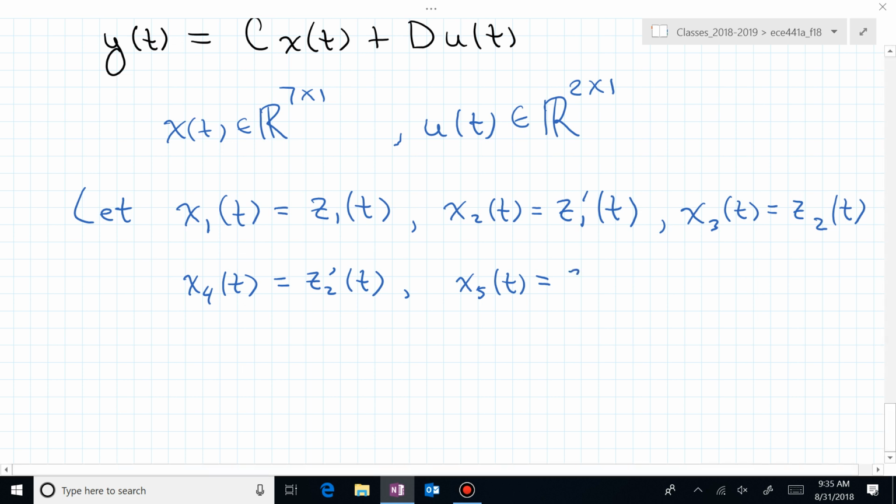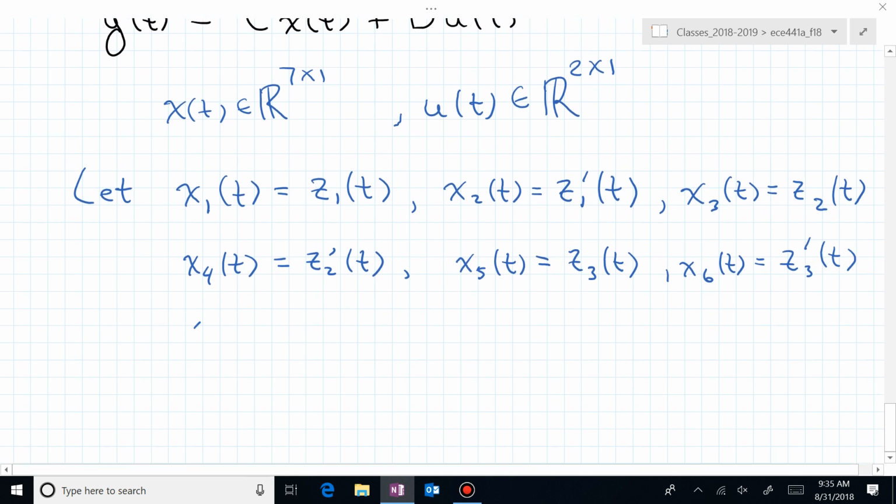Let's make this the third mass's displacement or position. X sub 6 is the velocity of the third mass. And finally, x sub 7 is the position of z sub 4.